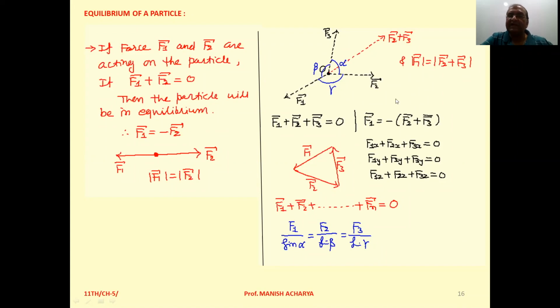It implies that if we take the summation of F2 and F3, then the resultant vector obtained should be in the opposite direction of F1 as well as equal in magnitude with F1. Then and then only the particle will be in equilibrium.